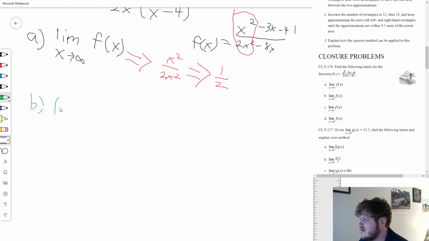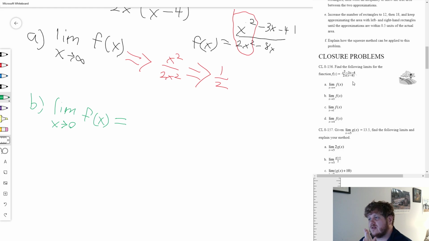So limit as x approaches 0 of f of x equals, if we look at our function over here, we have x squared and we have 2x. So when we plug 0 into the top, we're left with a -4. However, when we plug it into the bottom, we're left with a 0, which lets us know that there is a vertical asymptote there.